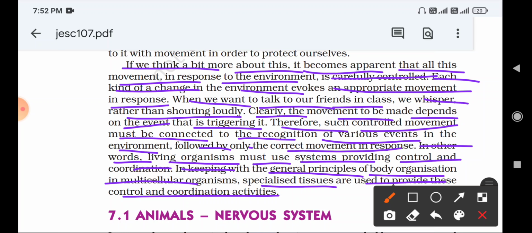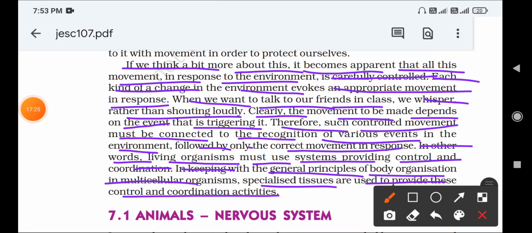For example, multicellular organisms have a specialized control and coordination system to perform these responses according to the environment. Okay, in detail you have to study how control and coordination happen in the animal body and how they happen in the plant body.